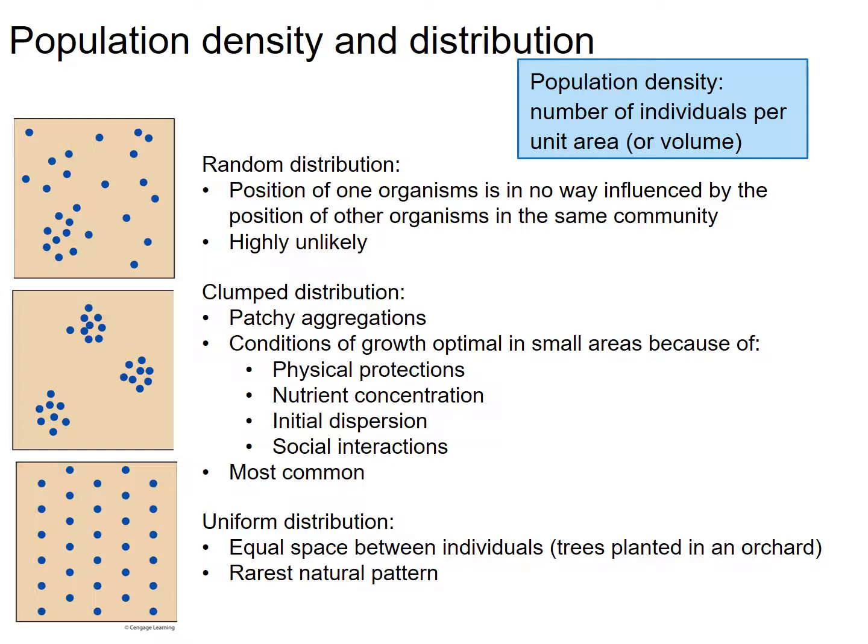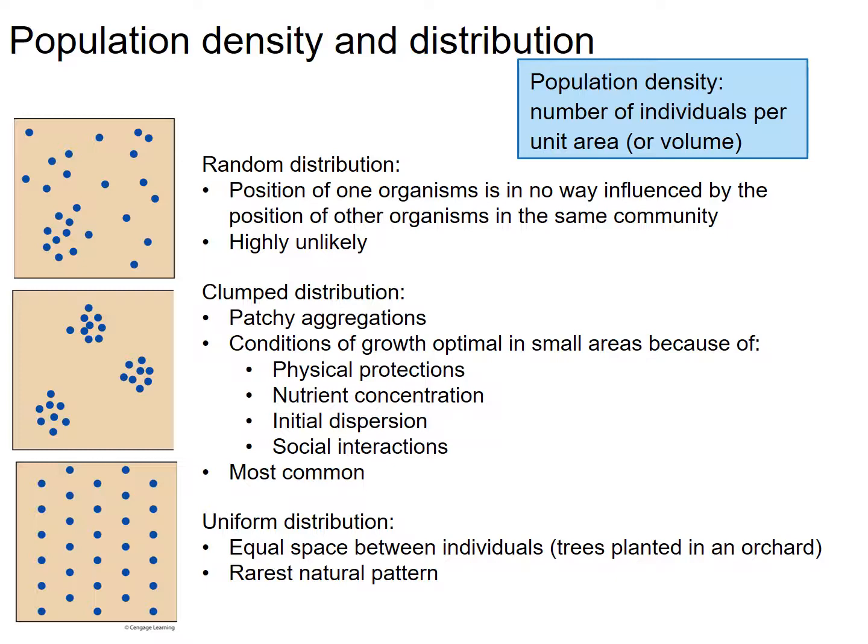That's a patchy aggregation of individuals. Conditions for growth are optimal in small areas because of physical protection, nutrient concentration, initial dispersion, and social interaction. This distribution is the most common one in nature.